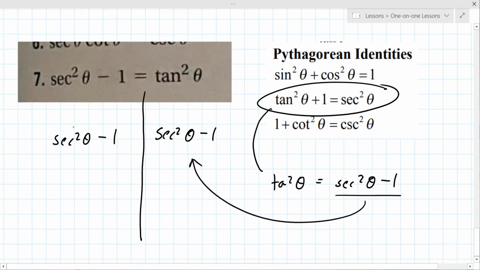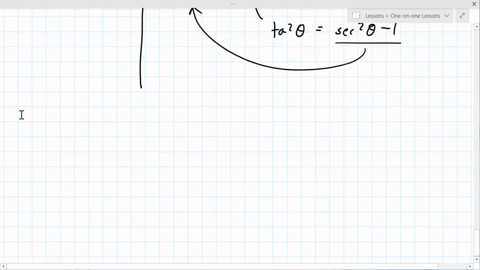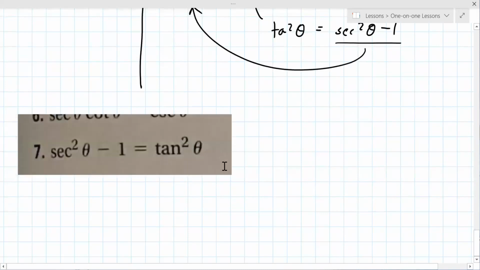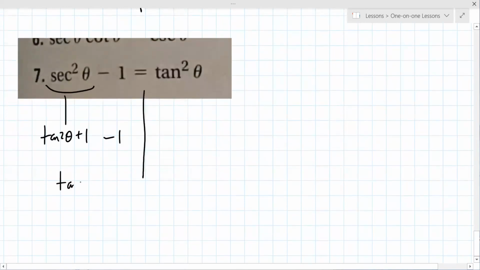Now, if you don't like that, your instructor could say work on the left side, they could demand that you do it a certain way. You would have to say, okay, well, secant squared theta is really tangent squared theta plus 1 minus 1, and then you have to write one more step here to show that they cancel, but you get the same thing.